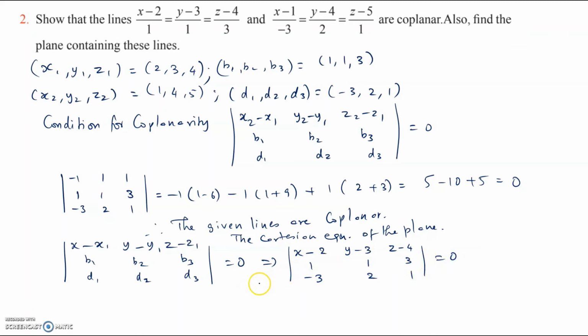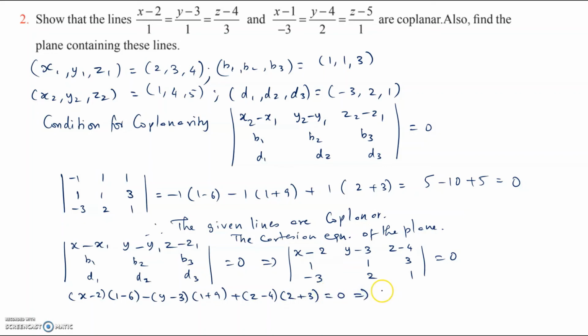Further simplifying this, I'm going to start from here: x minus 2 into 1 minus 6, minus y minus 3 into 1 plus 9, plus z minus 4 into 2 plus 3 is equal to 0.